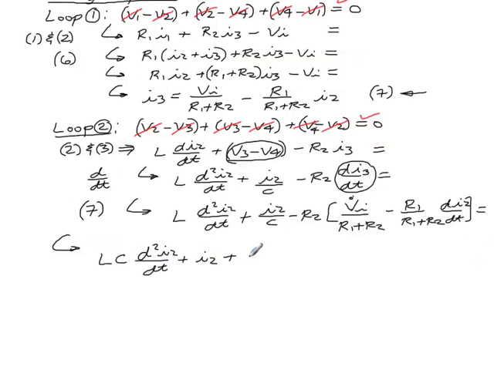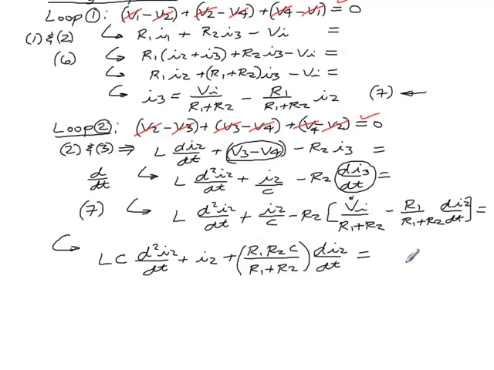plus R1 R2 times C. Again, I multiplied through by C to get rid of the C in the denominator of that one term. R1 plus R2 all times the first derivative of I2 with respect to time.